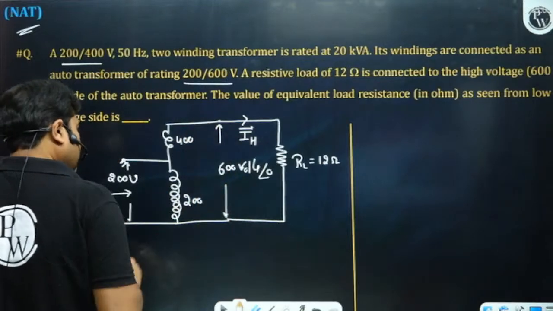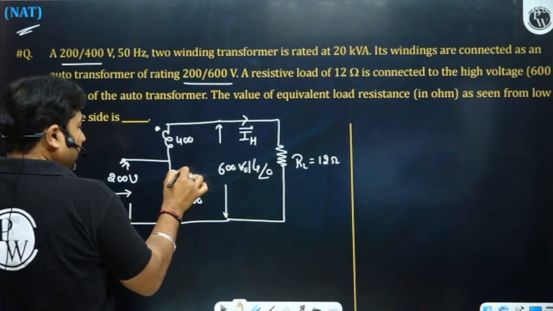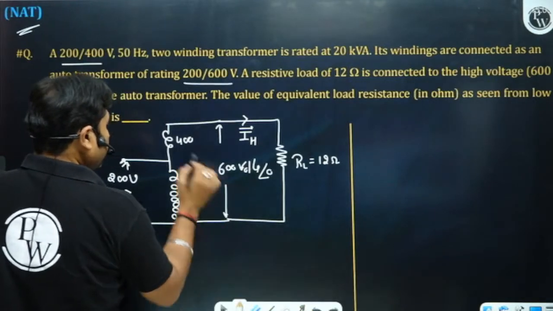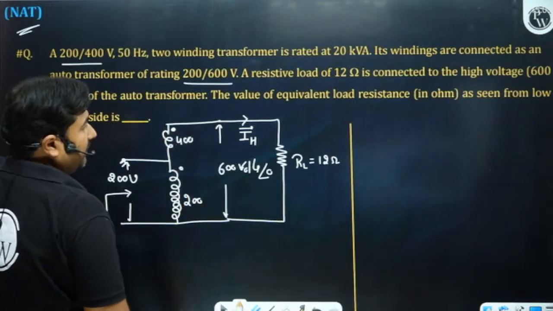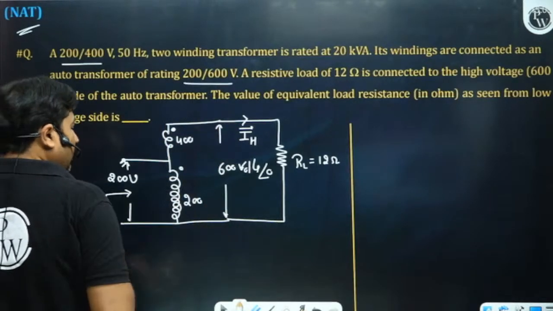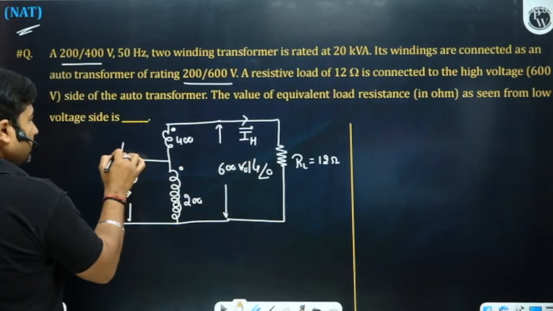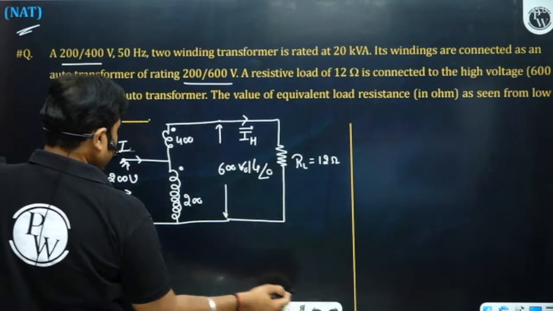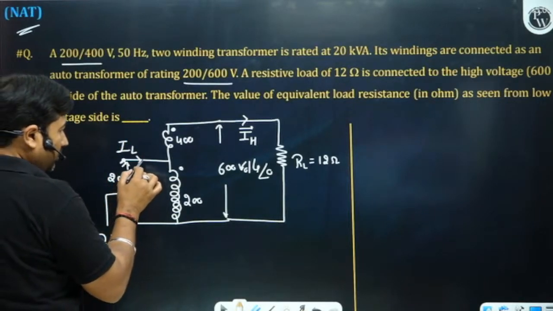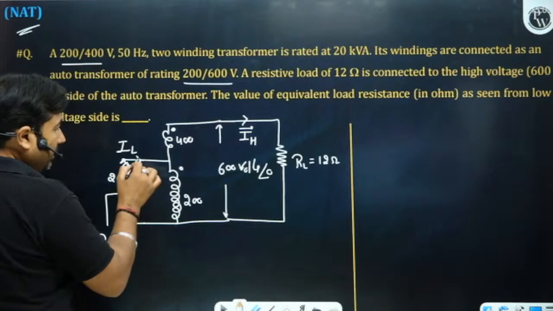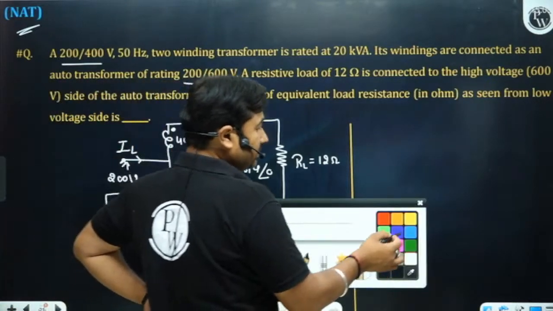Once you have IH, you can calculate, its additive polarity, then only your transformer will become 600. Okay, 400 and 200 must be in additive polarity. If you know about IH, it means kVA on the input side and output side is the same, so you know about IL also. When you know IL, you know V by IL, that is the resistance seen from the input side. Either you can go like this.